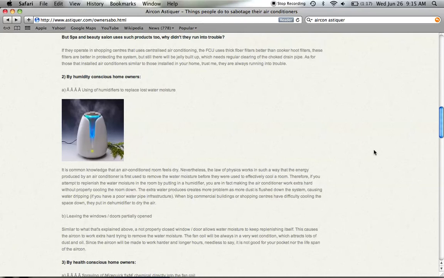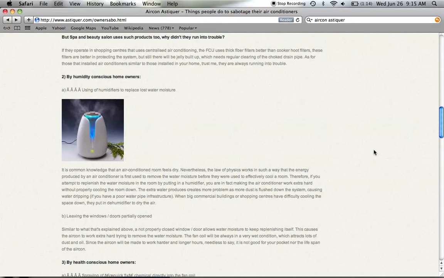So if you are releasing moisture back into the apartment, you are causing the aircon to remove the moisture that you are trying to introduce into that room, which ultimately this device is not going to win over the aircon. Trust me, the aircon is going to remove moisture much faster than whatever you're releasing.